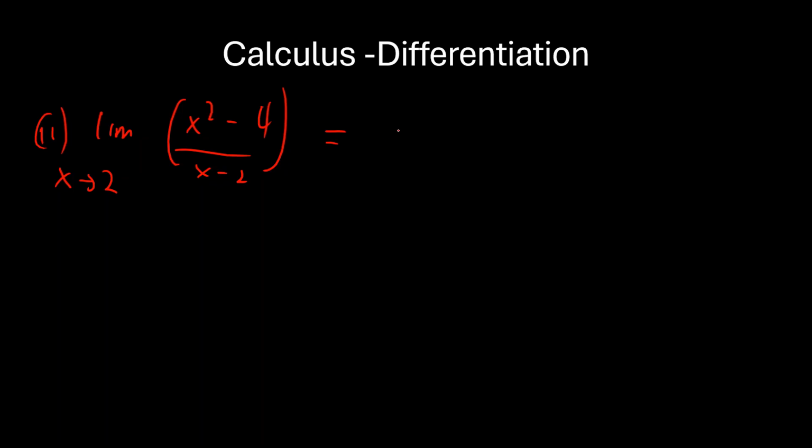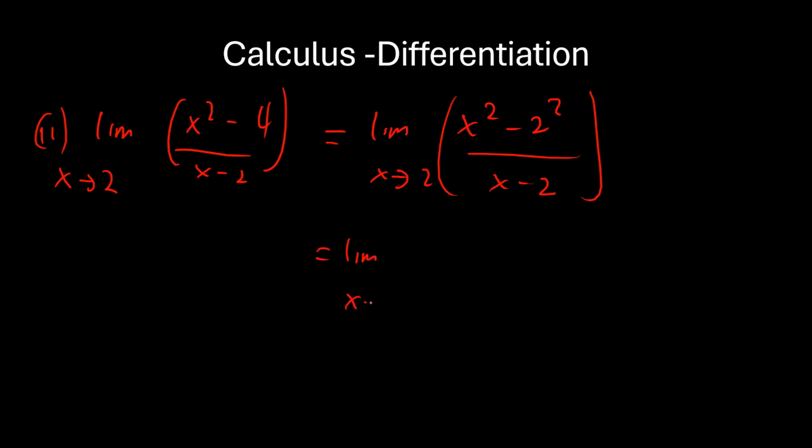This can be rewritten as the limit as x approaches 2 of the function x squared minus 4, which can be rewritten as x squared minus 2 squared, all over x minus 2, right? And so this is the same as the limit as x approaches 2 of the function x squared minus 2 squared, which can be rewritten as x plus 2 x minus 2 all over x minus 2.